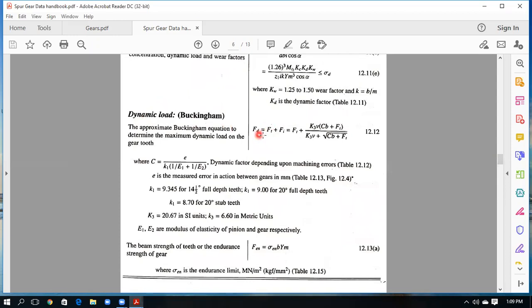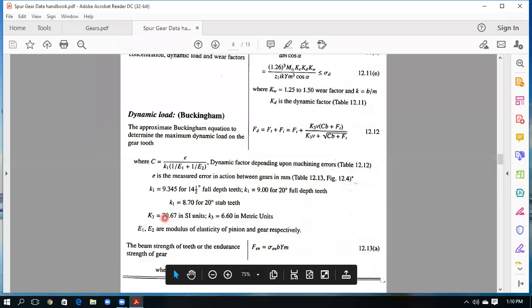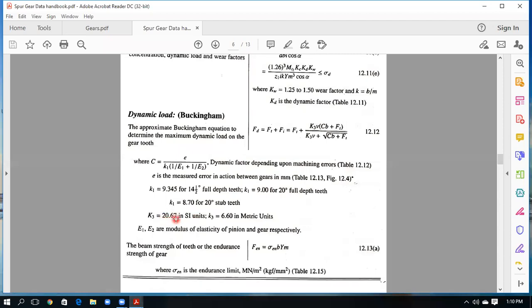FD is equal to FT plus FI. This is equation 12.12, and here you can see that it is FT plus K3 into V. This K3 is nothing but 20.67 in SI units. We are taking SI units, therefore substitute K3 equal to 20.61.